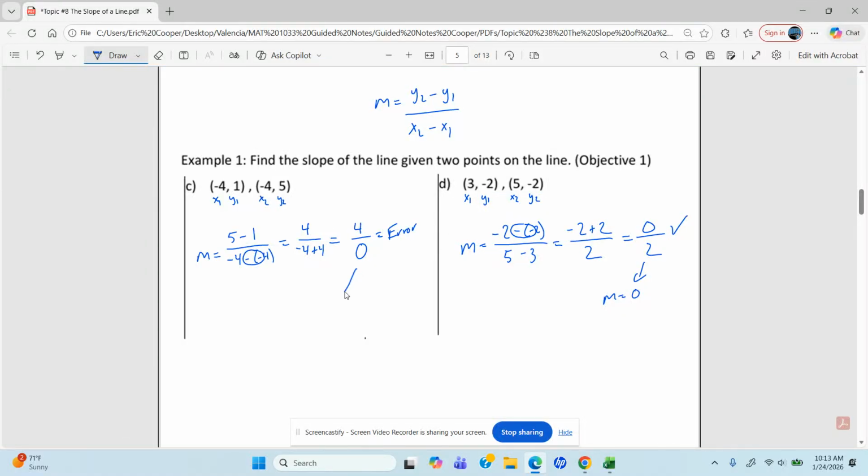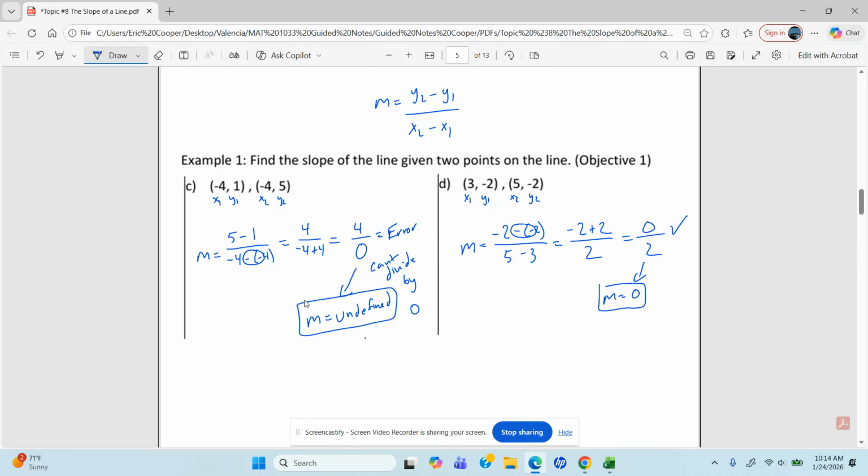That's because you can't divide by 0. So we call this slope undefined. You get an undefined value when you divide by 0 because you can't divide by 0. If the 0 is on the top, that's okay. So 0 divided by any number, we're going to get a slope of 0.